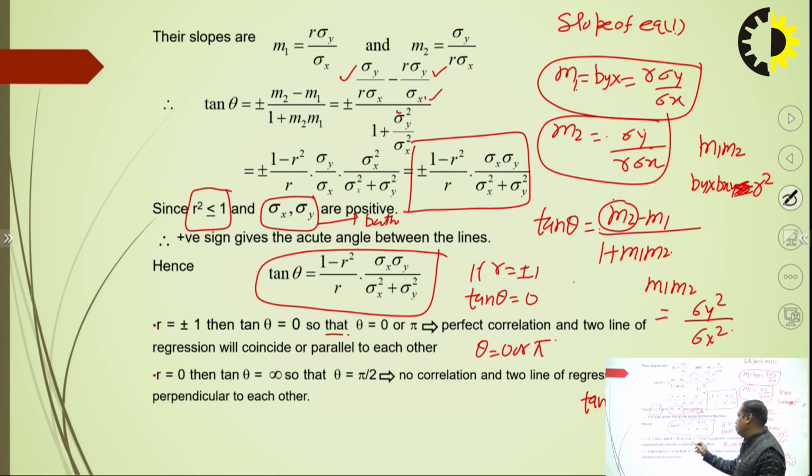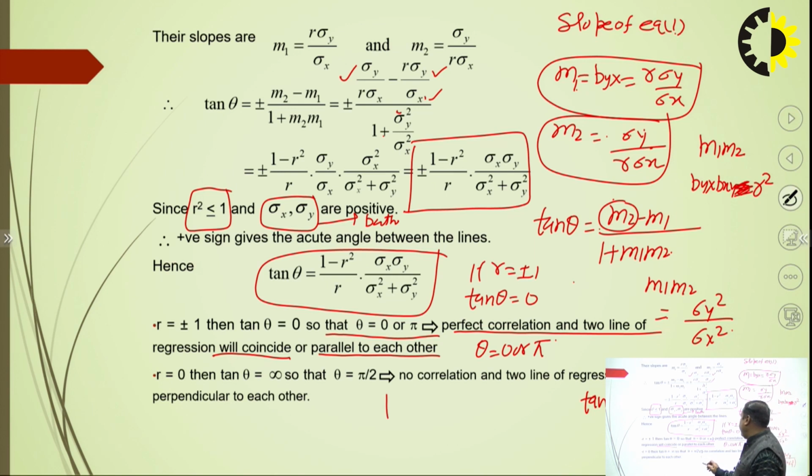That means there is a perfect correlation between the two lines. That means they either coincide or are parallel to each other.